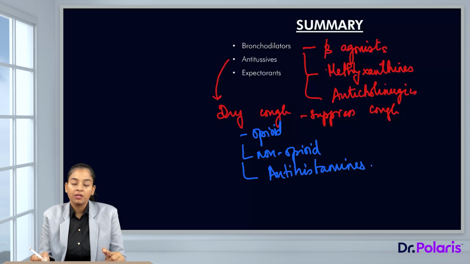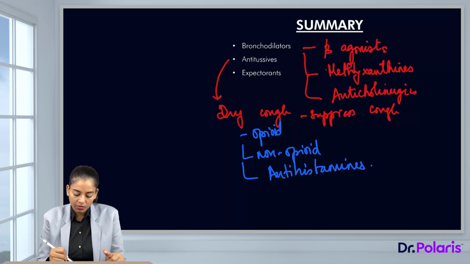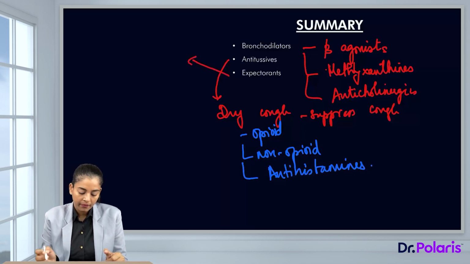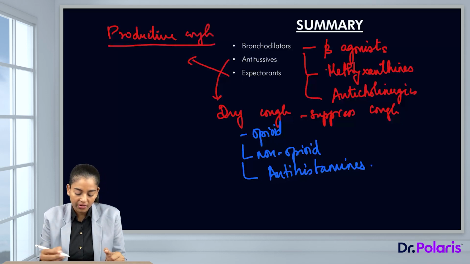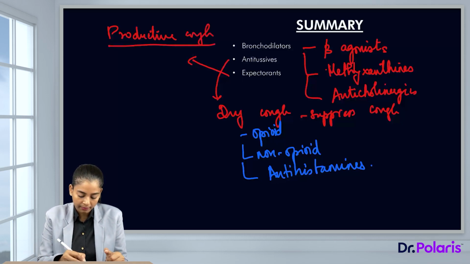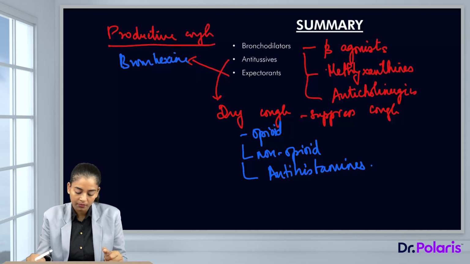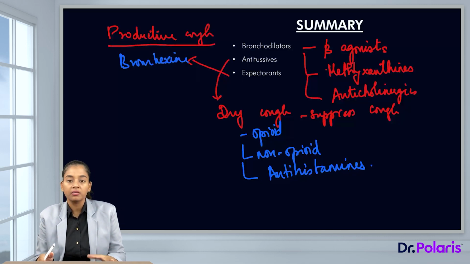So these can be given. Expectorants are those drugs that are used in productive cough, which expel the mucus secretions. Some of the drugs include bromhexine. That's all for the drugs that are used for the management of asthma and cough.